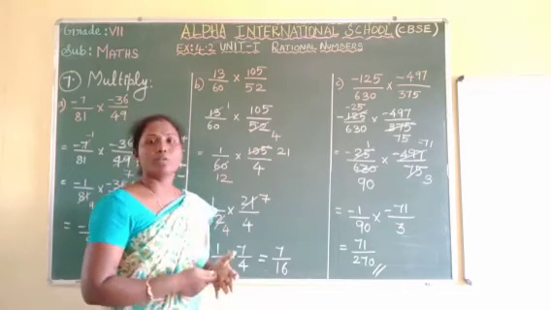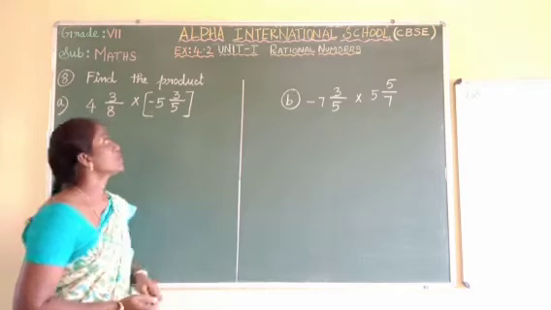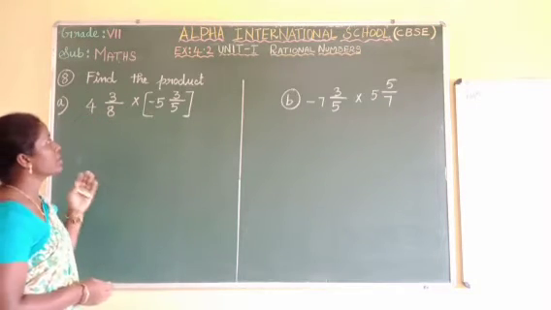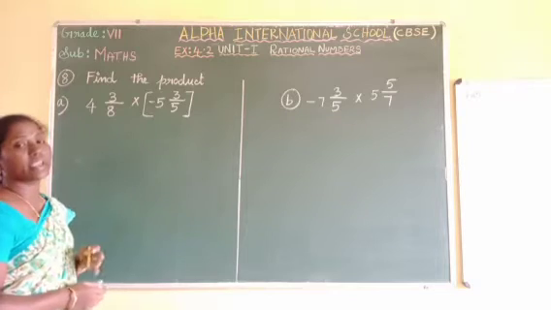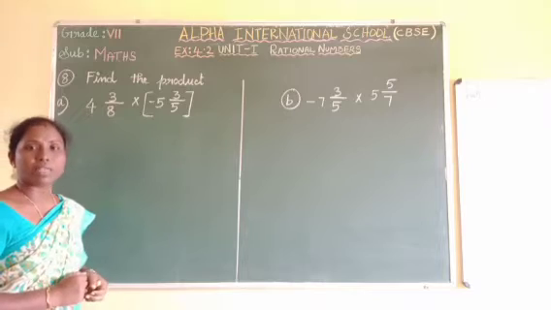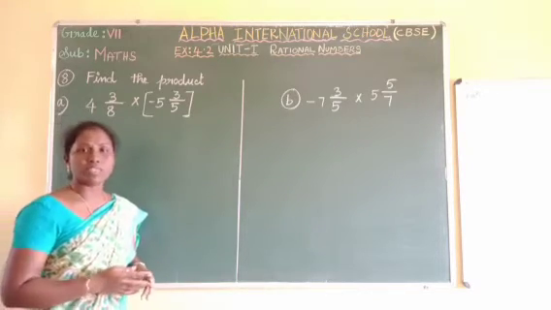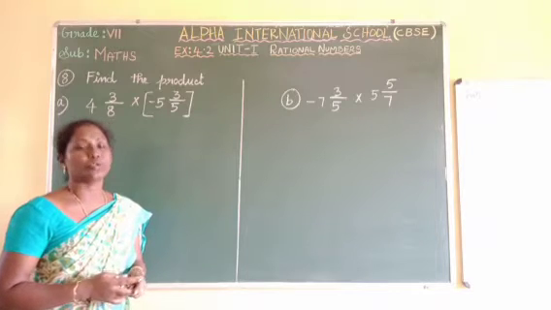Okay. So now we will solve some more problems in multiplication. See the 8th problem. Find the product. Here the two numbers given to us for multiplication are in improper fraction form. How to multiply this? Shall we calculate, multiply or add the numbers while they are in the form of improper fractions? No, we should not do that.